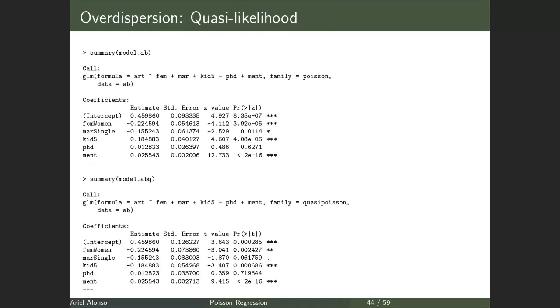Okay, so let's compare the results we get when you use the classical Poisson distribution or this quasi-likelihood approach. As you can see, again, you get different results. When you use the quasi-likelihood approach, for instance, marital status is again non-significant, it's 0.06.